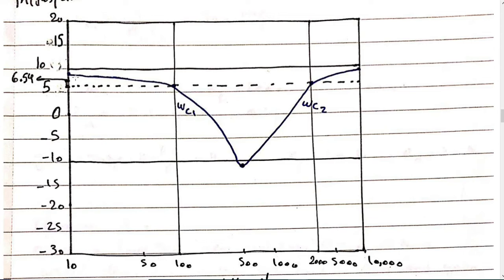So you have 9.54, which is the gain or the maximum value in dBs. How do you calculate it to a number?